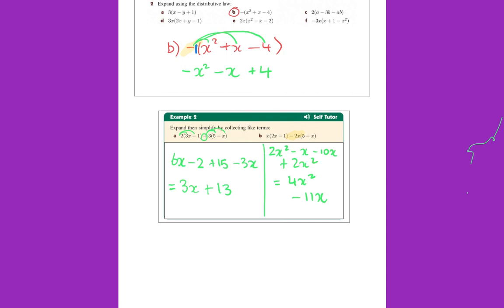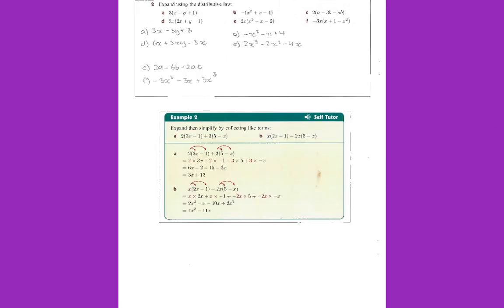Okay, over the page. I'd like you to have a go at these questions, as many as you can, and then check your answer on the next page.